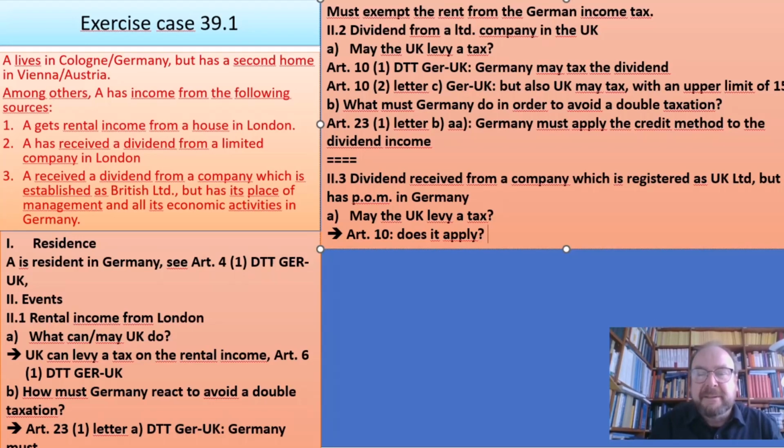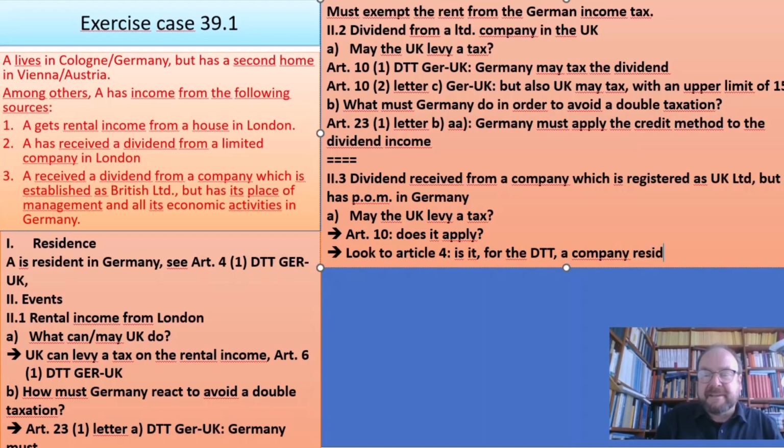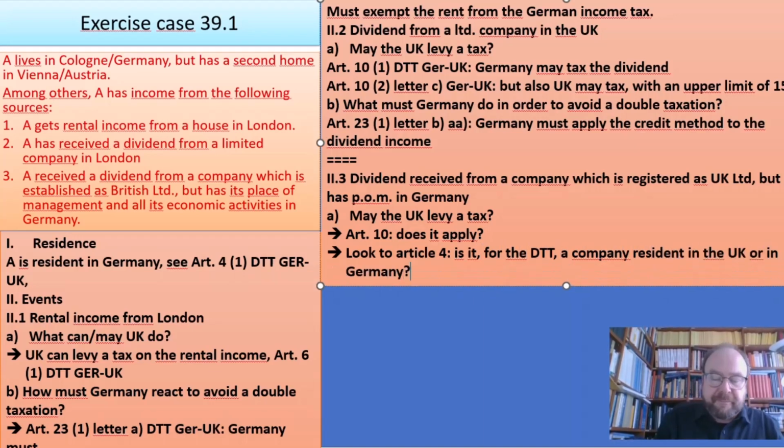Now, this company is resident under tax law in the UK and in Germany, and so it's a case where we have to look to Article 4. Is it for the DTT a company resident in the UK or in Germany?